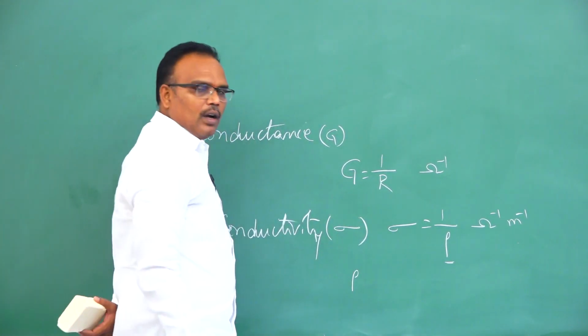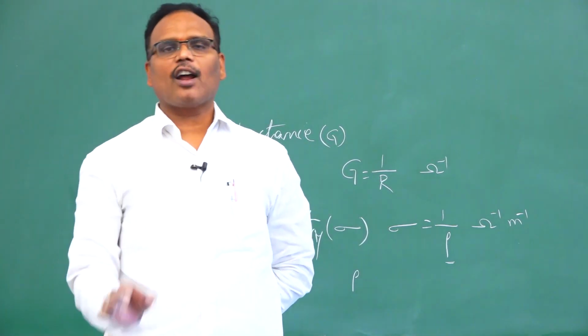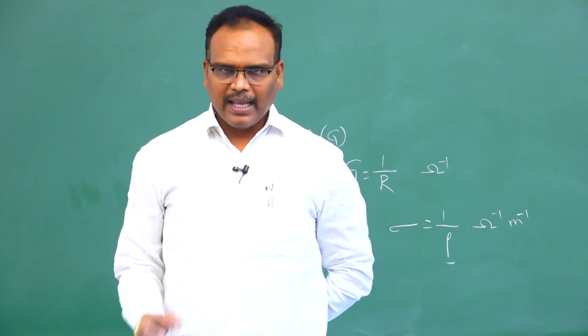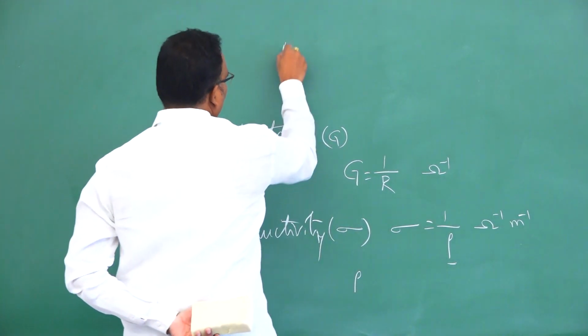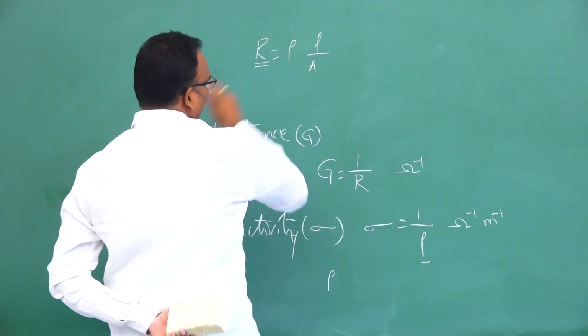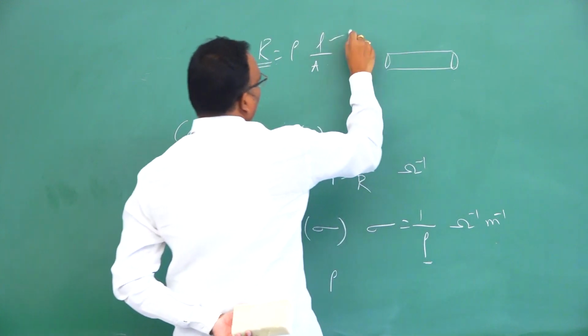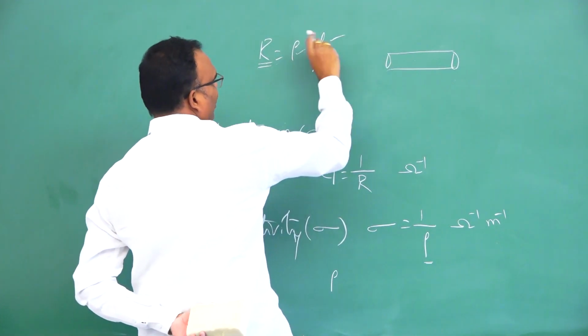Resistivity rho depends on the nature of the conductor, the nature of the material. That means if you see the resistance expression R is equal to rho into L by A, the resistance of a given conductor depends on length, area of cross section and the nature of material.